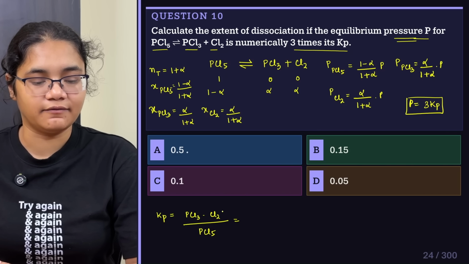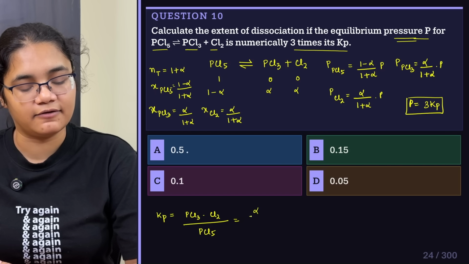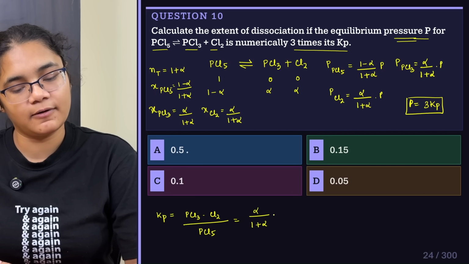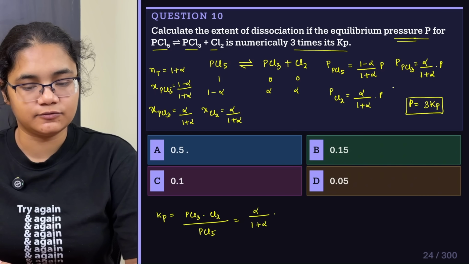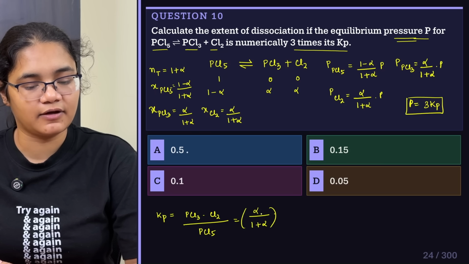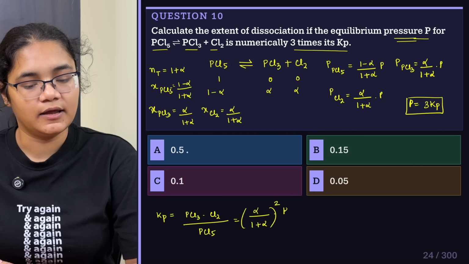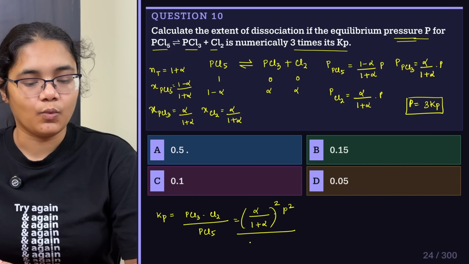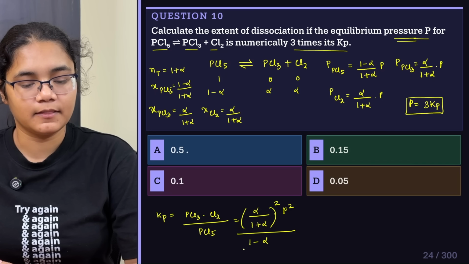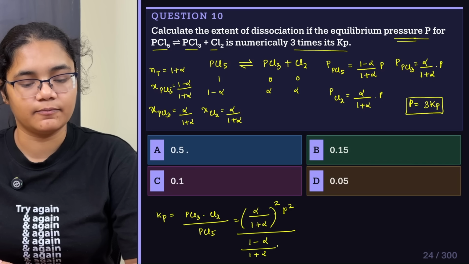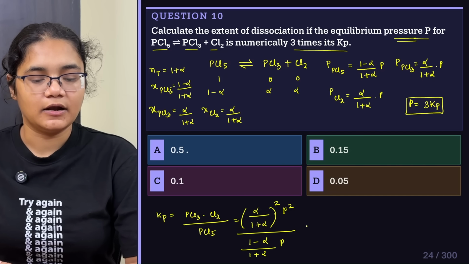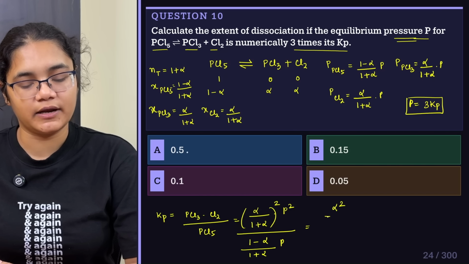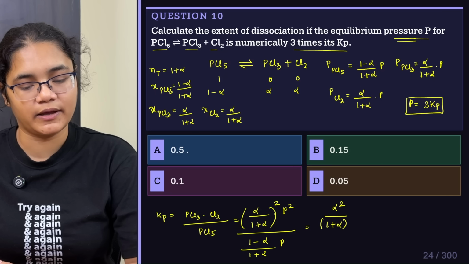Now let us substitute the value. What is the value of PCl3? I have alpha by (1 plus alpha), and you can see both the terms are same, so it is (alpha by 1 plus alpha) whole square into P square, divided by PCl5, which is (1 minus alpha) by (1 plus alpha) into P, right? Now we will get alpha square and (1 plus alpha) square.